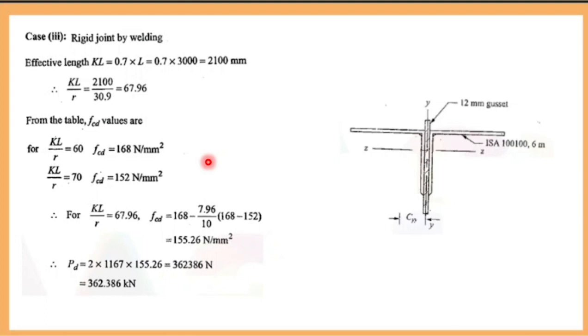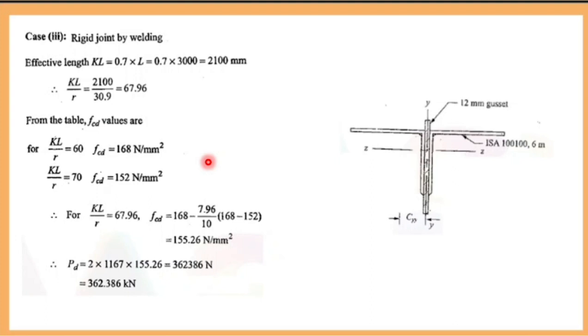Can you find 100 kilonewton capacity? 100 kilonewton is not simple. A lorry will be having 30 to 35 kilonewton. Then you just remove the bolted connection and make a welded connection. You can add around 100 kilonewton of weight.